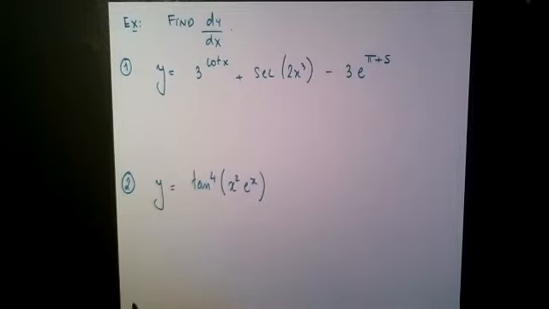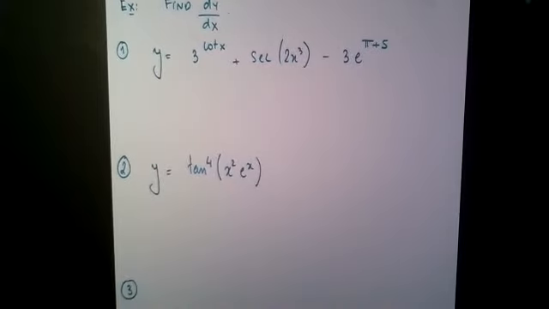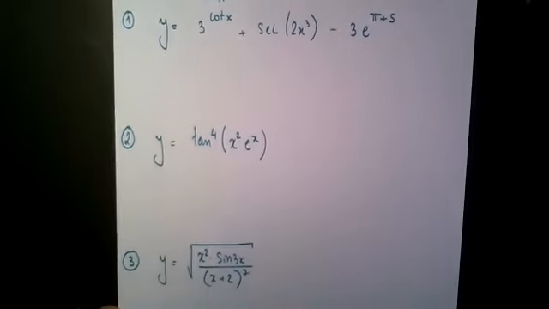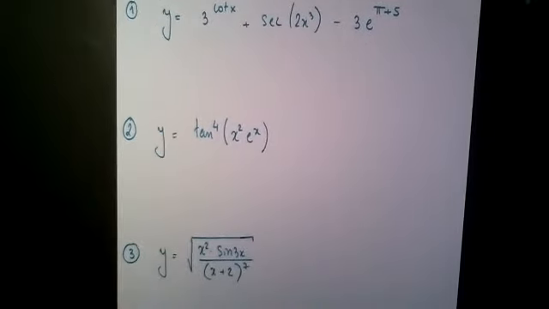And number 3. y is equal to the big square root of x squared sine of 3x over x plus 2 to the power of 7. Okay, here are 3 derivatives. Sorry, you can't see the bottom. So here are 3 derivatives to evaluate.